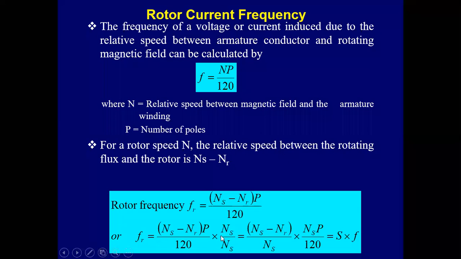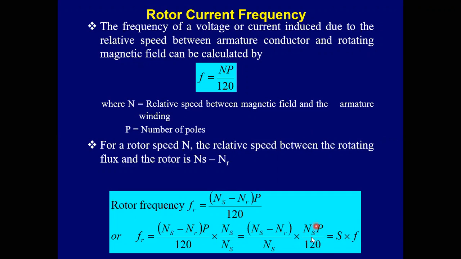Multiply and divide by ns and rearrange the equation, bringing ns over here. Now, what is ns into P by 120? That is the stator supply frequency.